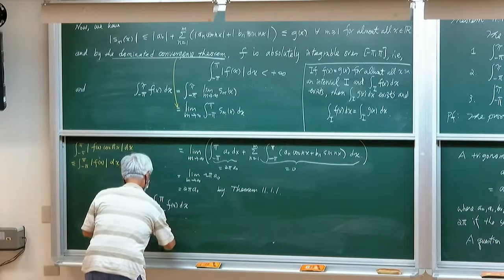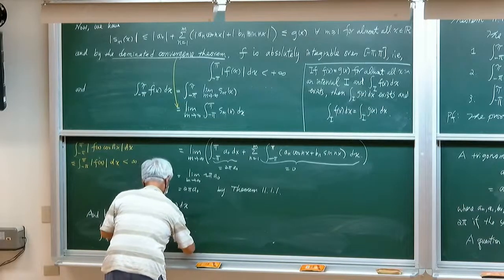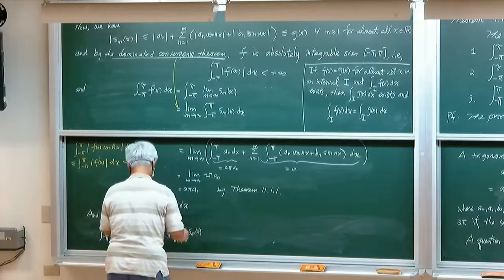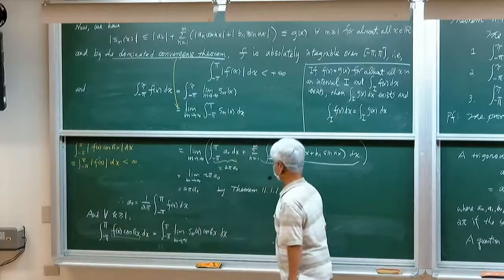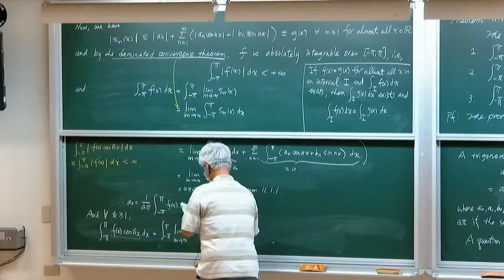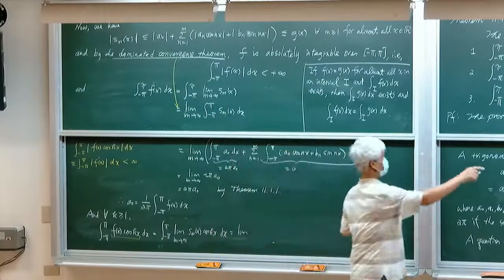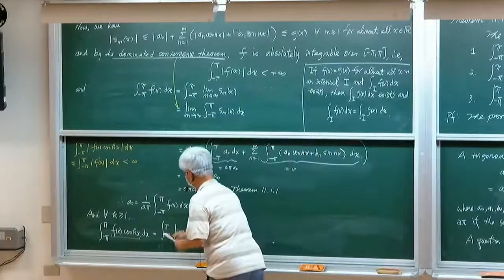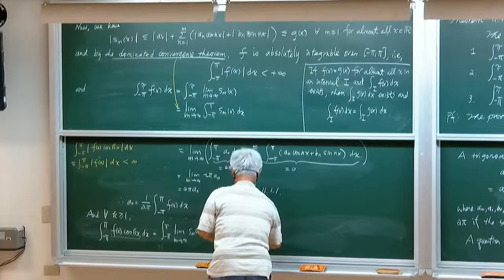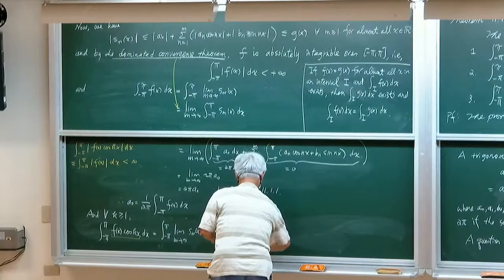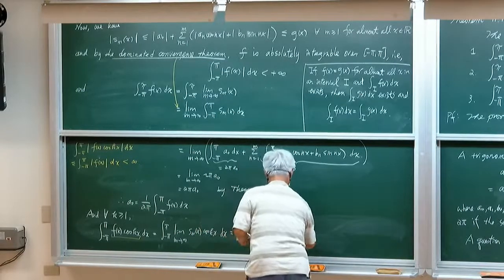Okay, and so this becomes the limit as m goes to infinity of the integral of Sm of x times cosine kx dx. And again, by the same reason, the dominated convergence theorem, the limit and the integration are exchangeable.